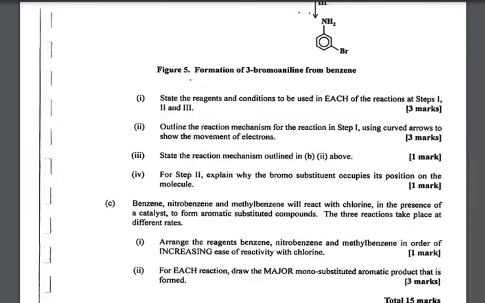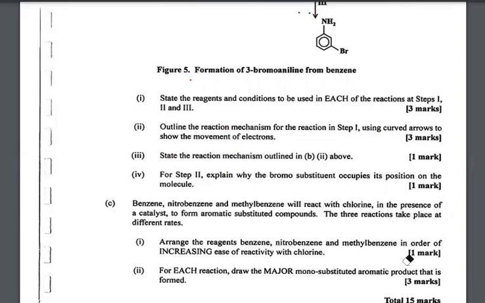All right, and then now, here it is. So benzene, nitrobenzene, and methyl benzene will react with chlorine in the presence of a catalyst to form aromatic substituted compounds. The three reactions take place at different rates. Arrange the reagents in order of increasing ease of reactivity with chlorine.